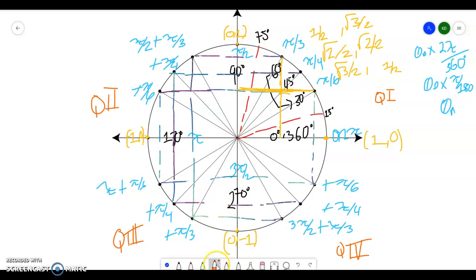So if I drew a triangle, I'm just going to use 60 for this example. I'm going to draw it over here. It's not perfect, but whatever. 60. This is my radius of 1, and this is my y value, and this is my x value.